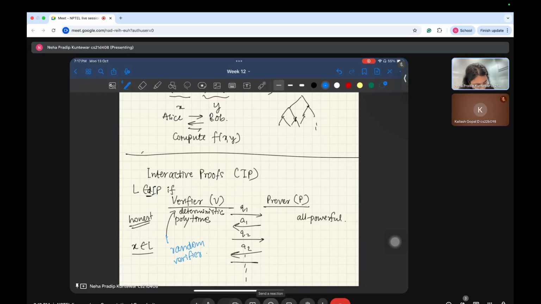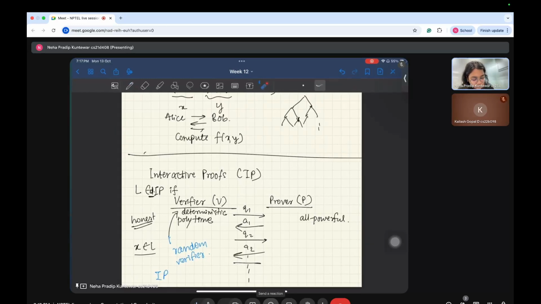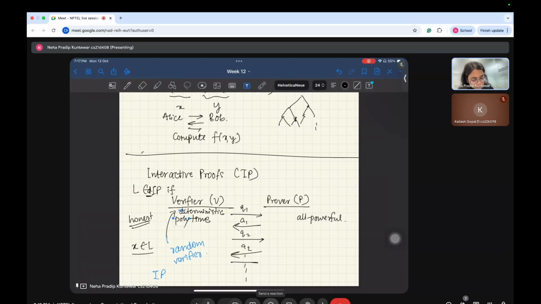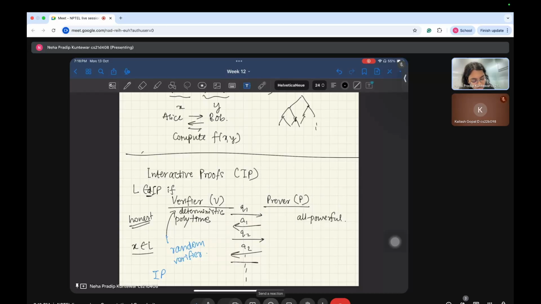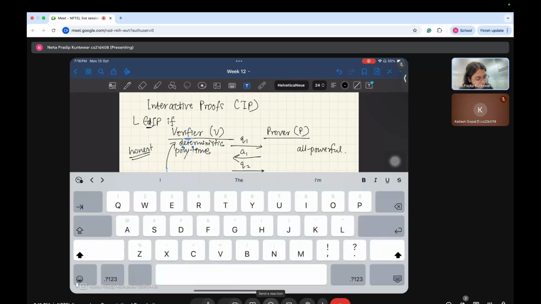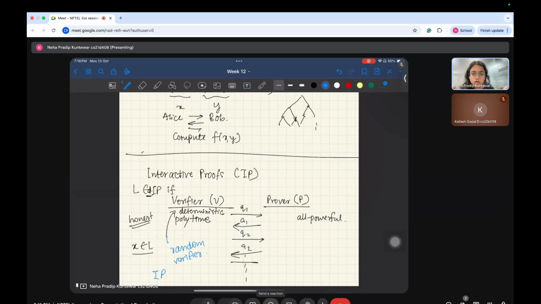So this is what is called an interactive protocol. The only difference here that we have made is that instead of it being a deterministic verifier, it is now a random verifier which can toss random coins, and whether these coins are public or private is something we will define.